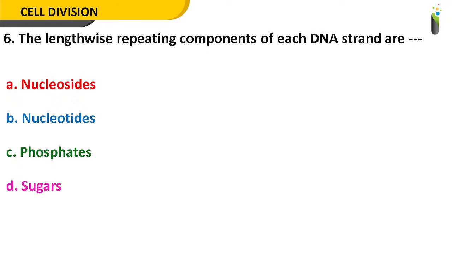The lengthwise repeating components of each DNA strand are dash. Well, the perfect answer for this question is B. Well, very good. Few students are answering it right. Very good. Those are called nucleotides.